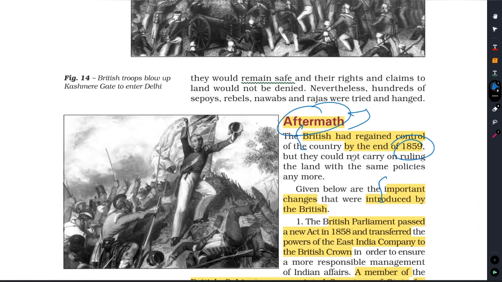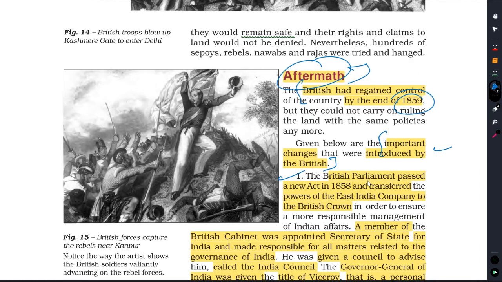Important changes were introduced. The British Parliament passed a new act in 1858 and transferred the powers of the East India Company to the British Crown. See, earlier the East India Company used to rule over the regions of India. Later the British Parliament passed a new act in 1858.